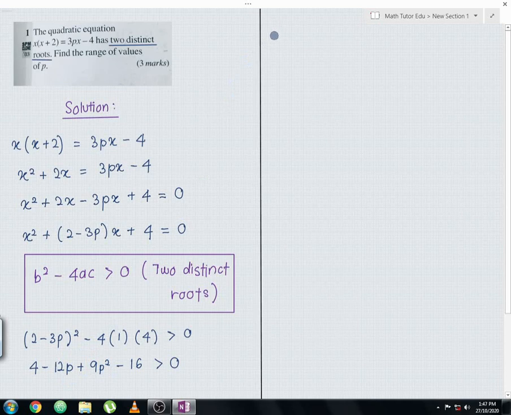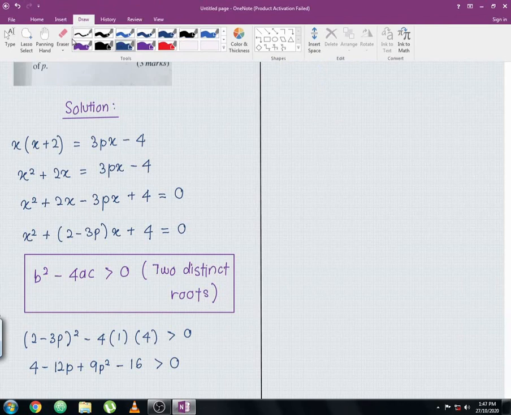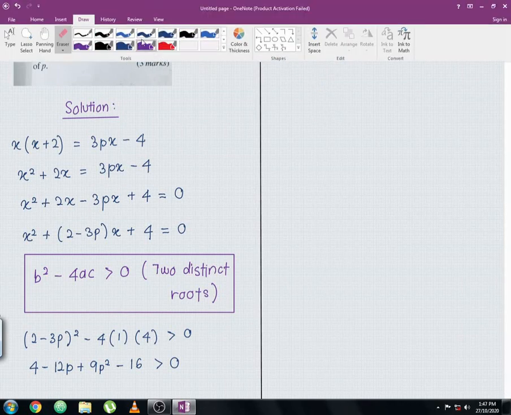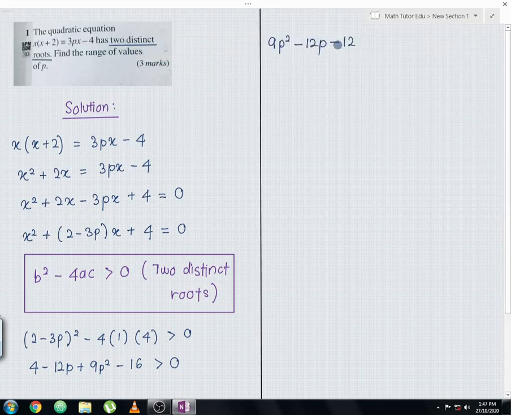So from here you write in terms of the general form of the quadratic equation. So 9p squared - 12p - 12 > 0. Okay, so for the next step, you simplify this whole quadratic equation by 3.